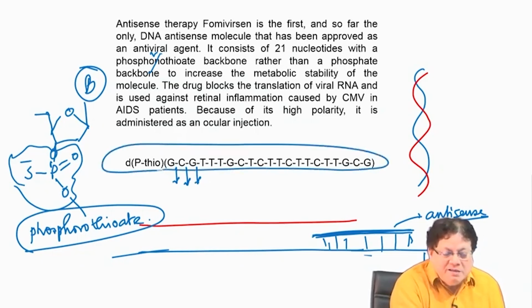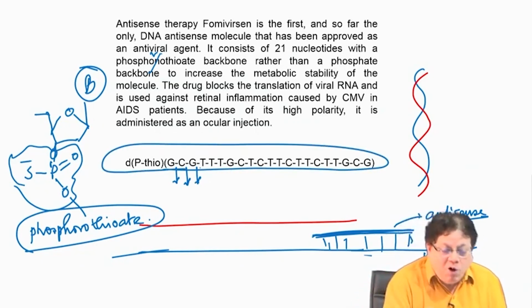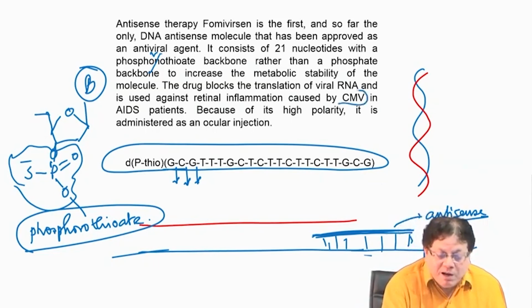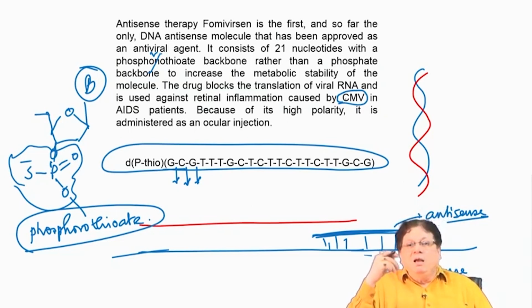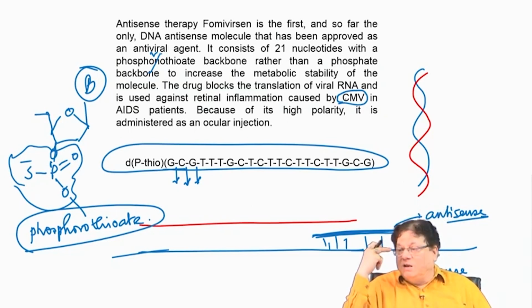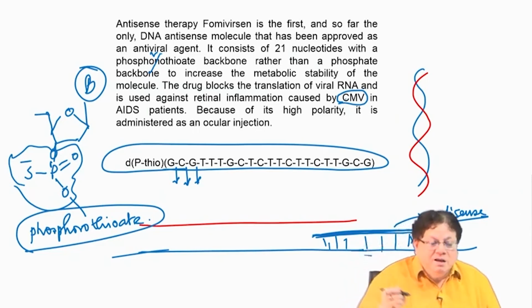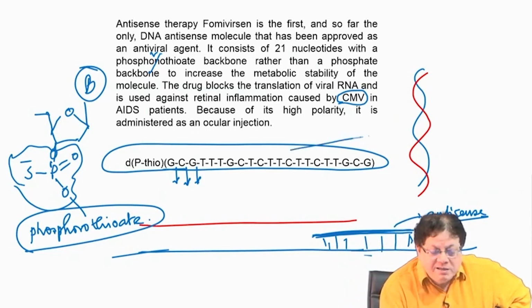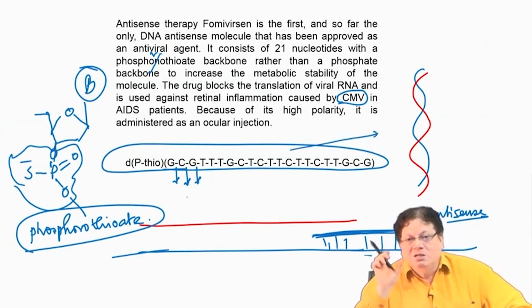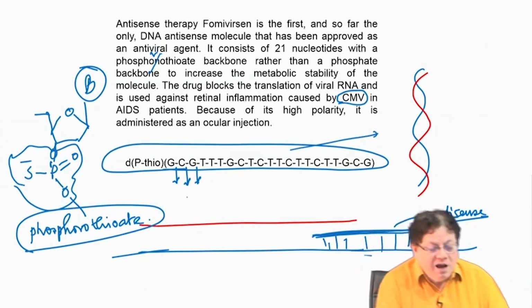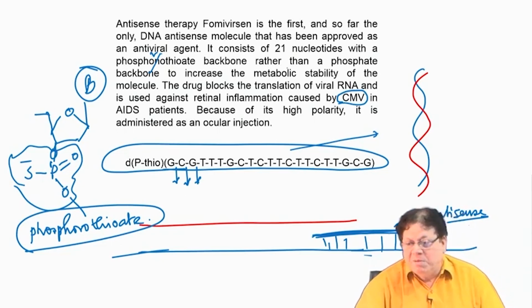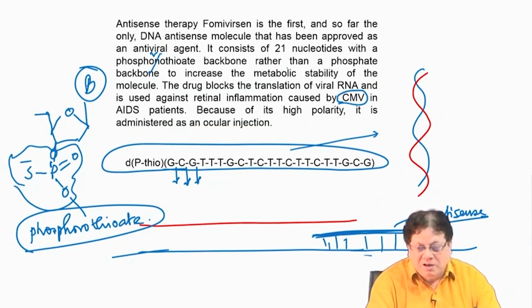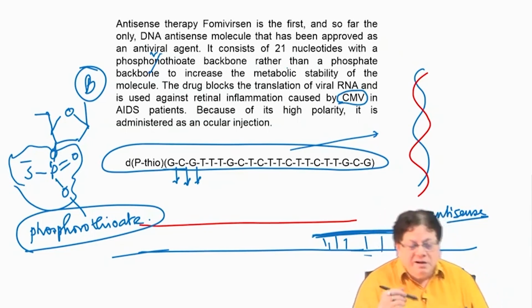They have made this antisense drug for cytomegalovirus. Cytomegalovirus causes infection of the eye, very serious conjunctivitis. So, the strategy is to make an antisense oligonucleotide with a stable phosphorothioate linkage, and when the virus wants to replicate and makes the mRNA, that mRNA is blocked by forming the double strand. So, that is the other strategy.